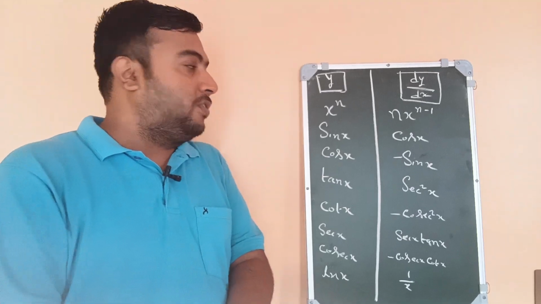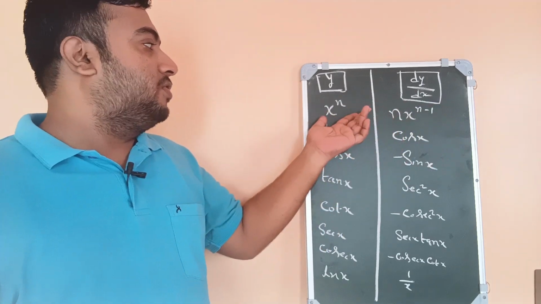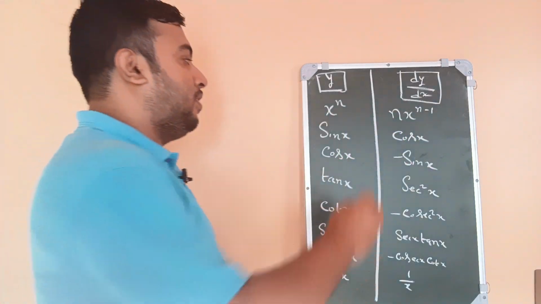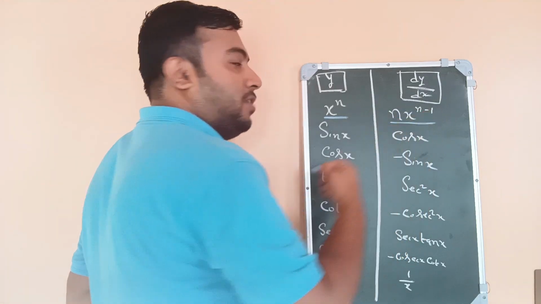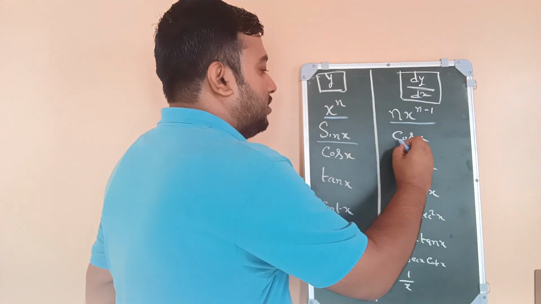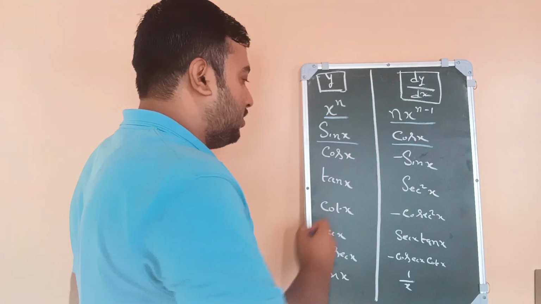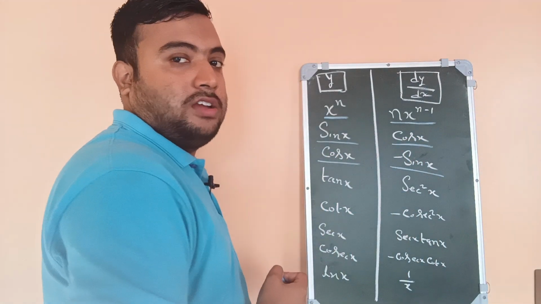These are some functions whose derivatives we should remember. If a function is given as x to the power n, then its derivative will be n x to the power n minus 1. If the function is sin x, then its derivative is cos x. If the function is cos x, then its derivative is minus sin x.